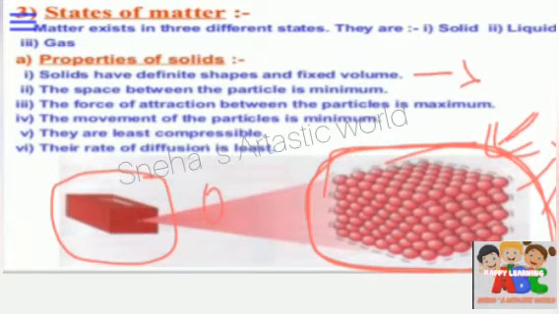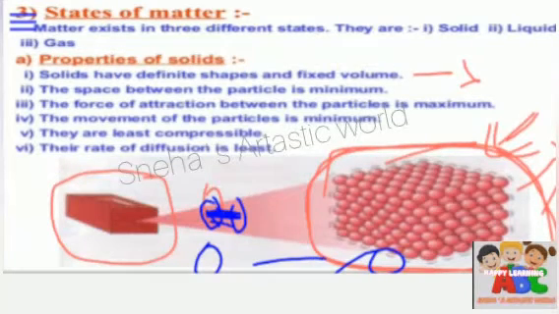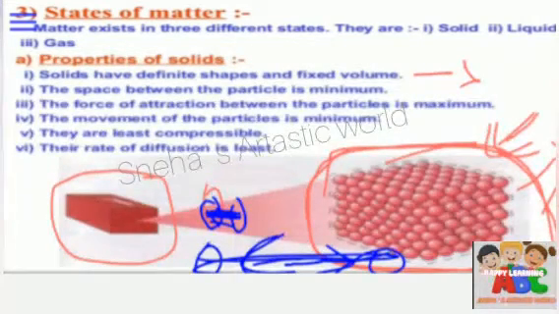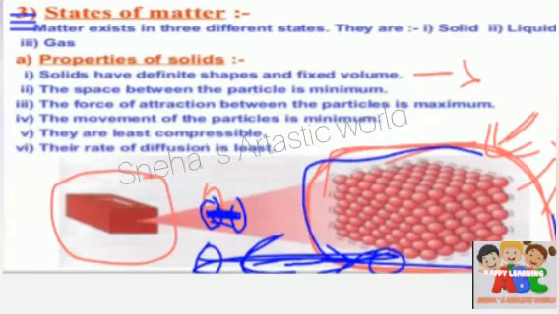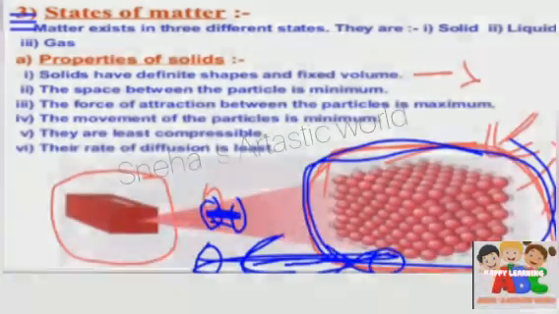For example, one particle is there, one particle is there, they are very attracted to each other. In the same way, other particles have space away from each other, so they have minimum attraction. You don't confuse this: in solids the attraction between particles is maximum.